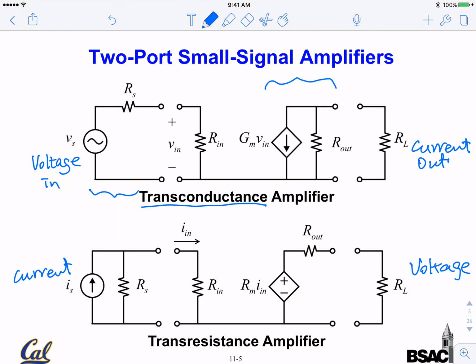And so the transfer characteristic is voltage divided by current, it's resistance, output divided by input. So trans means output divided by input, transresistance amplifier. So these are the 4 categories, kind of an exhaustive permutation.